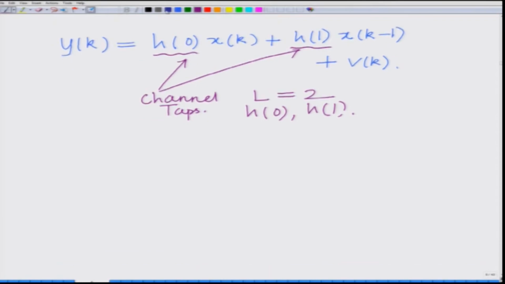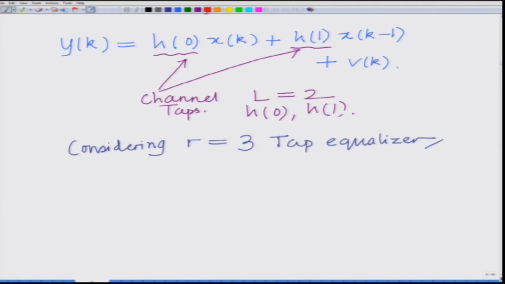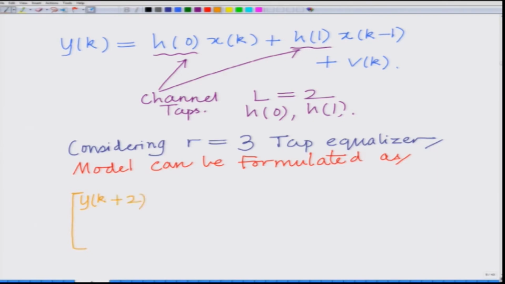Now, considering an R tap equalizer, R equal to 3, the corresponding system model can be formulated as follows.